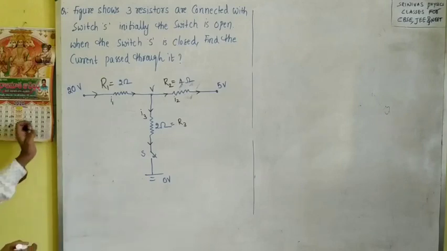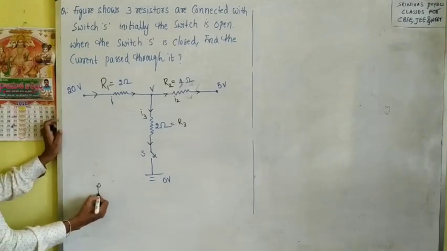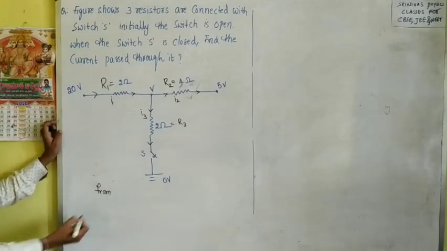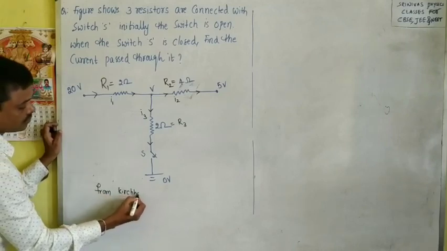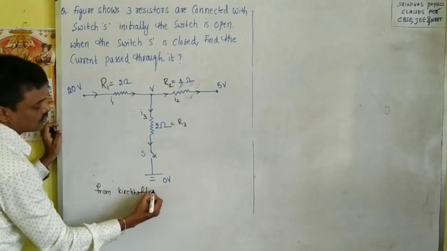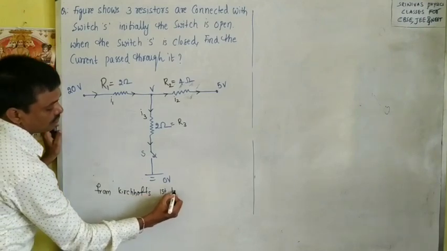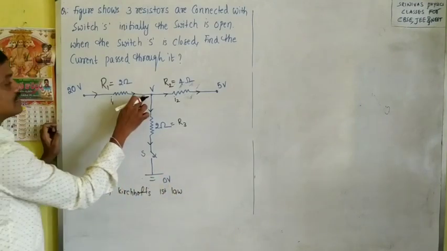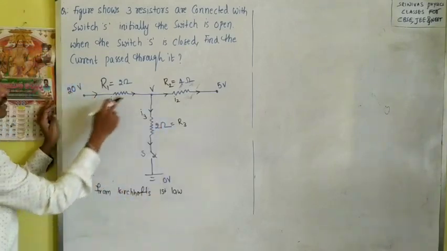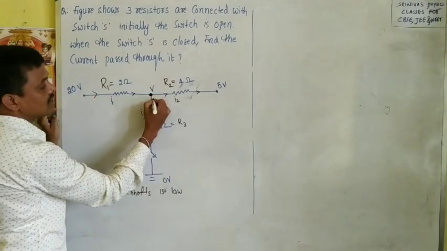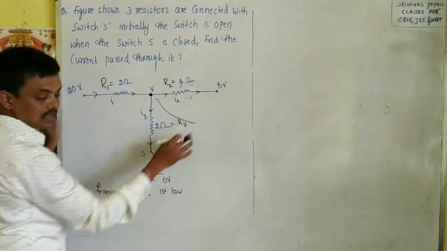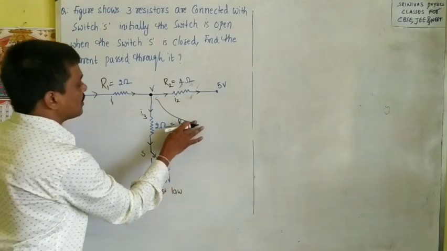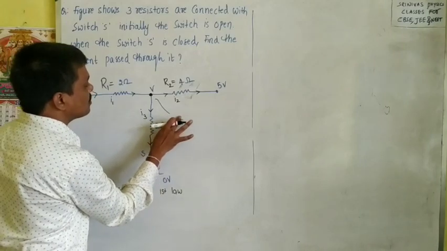What is I3? For that, from Kirchhoff's first law we write. What is our Kirchhoff's first law? Junction law: at the junction, entering current equals leaving current. This is the junction, and for this junction we have to apply the junction rule.